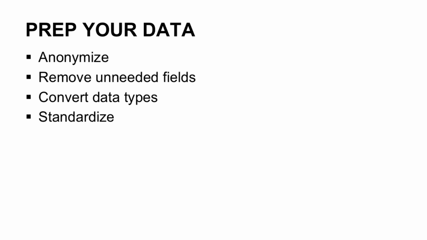Finally, you want to think about how to prepare your data before it gets to an S3 location that you're going to make a data source out of. You can anonymize your data, so you can remove any PII. You can take out unneeded fields to reduce storage costs. You can convert data types. We saw that with the income greater than or less than $50,000 in the load your data section.